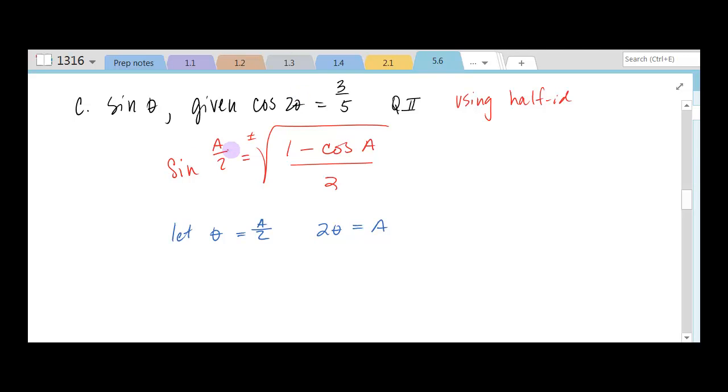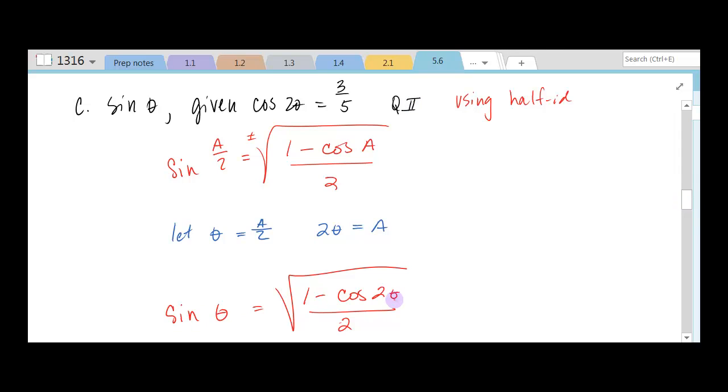So let's rewrite the half angle identity, substituting in. The sine of theta, because theta is a over 2, equals the square root of 1 minus the cosine of 2 theta, because 2 theta is a, divided by 2. We're in quadrant 2, so we know sine is going to be positive. So we'll leave it like that.